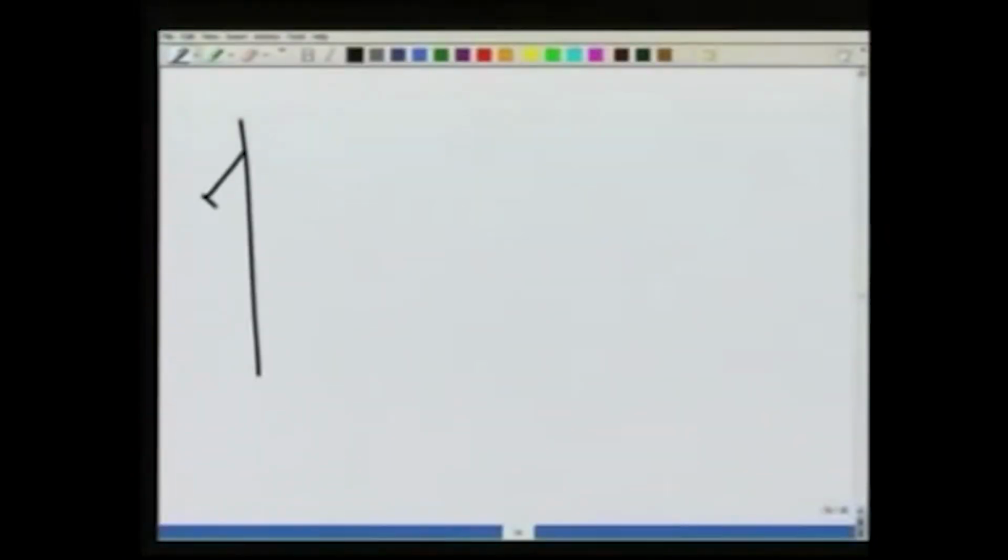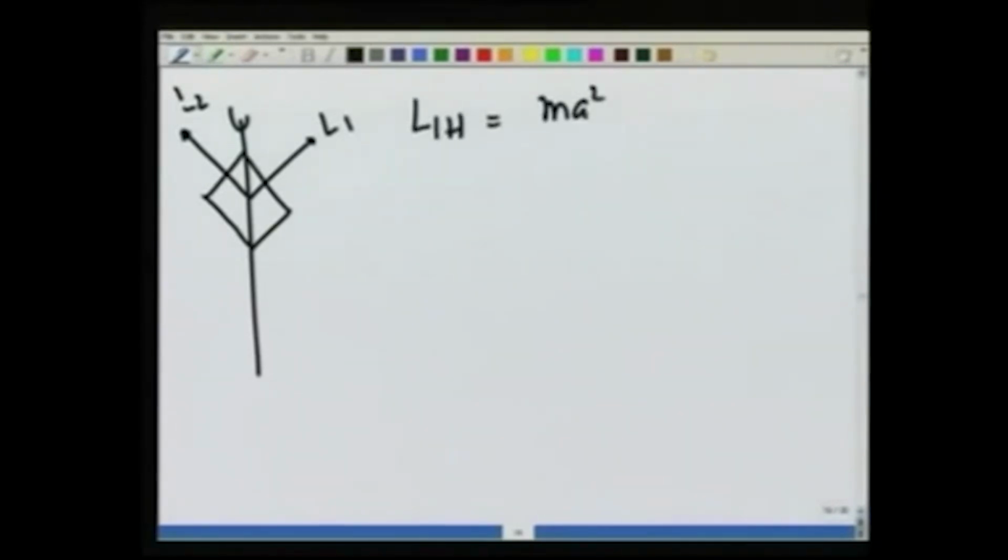Let me rewrite it. So I have this body, this is L1, L2. L1 horizontal component is m a square over 12 omega sine theta cosine theta, which I can now write as ab over a square plus b square.